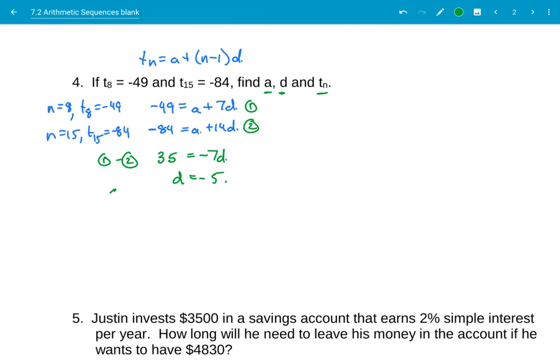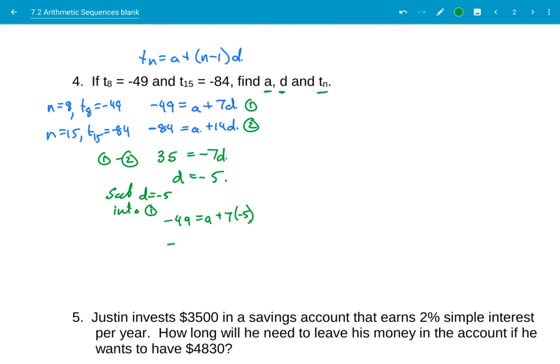We'll sub that into equation 1. So we get negative 49 is equal to A plus 7 times negative 5. That's negative 35, so we're adding 35 to both sides, negative 14. So we have D, and that's A. So we still need Tn, so Tn is equal to negative 14 plus n minus 1 times negative 5.